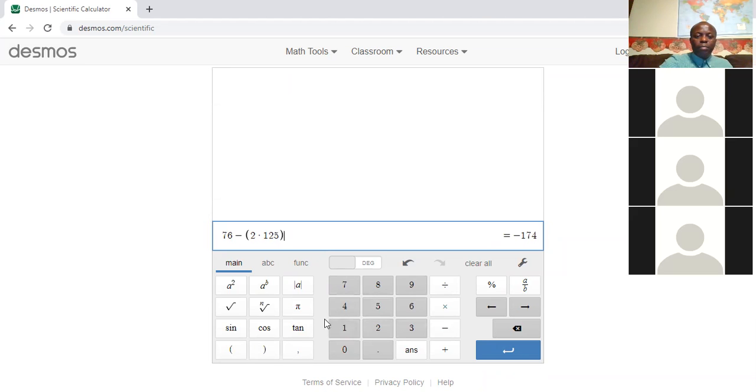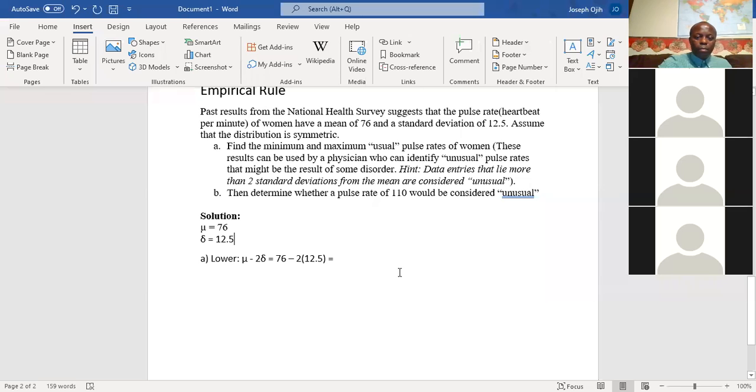This gives me 51. So I'm going to have 51 here, 51 beats per minute.